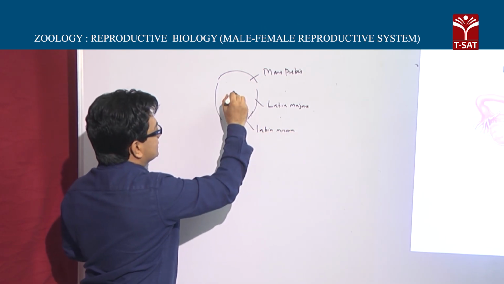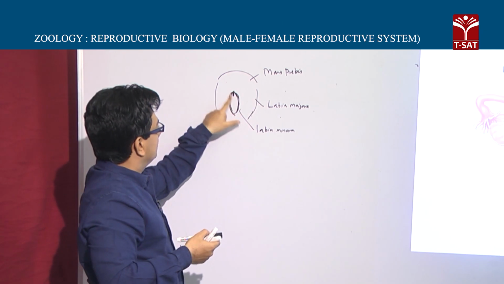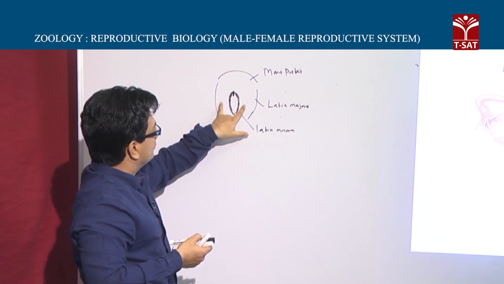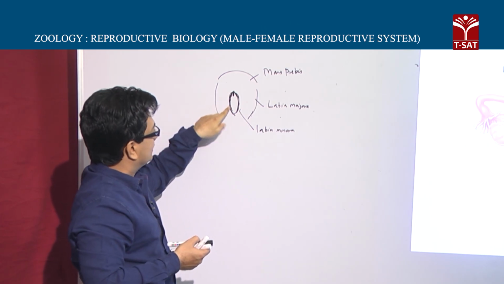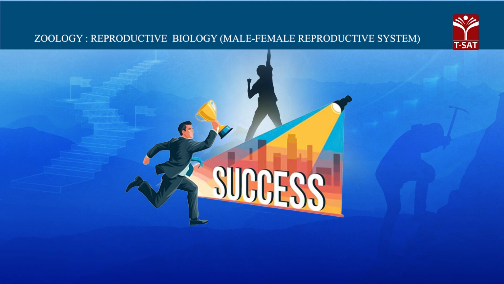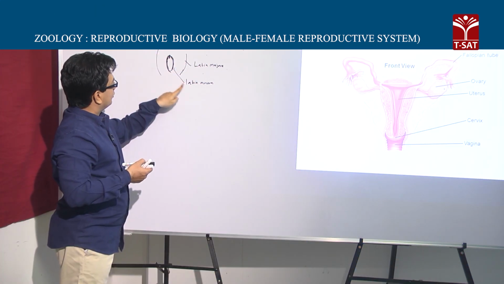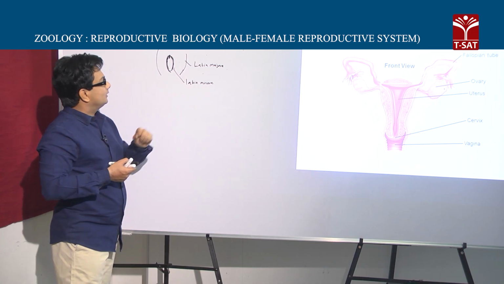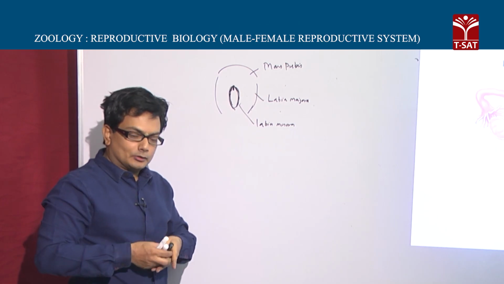and here is the clitoris in a female. Here is the clitoris, the sensitive structure. Clitoris is at this region. So this is the mons pubis continuing as the labia majora, and these two which are forming the rim or the boundary of this vestibule region. Here this is the vestibule, and that is called the labia minora. So mons pubis, labia majora, labia minora.